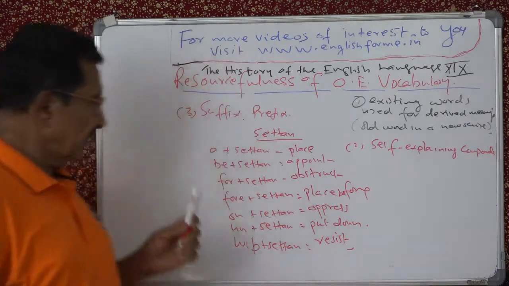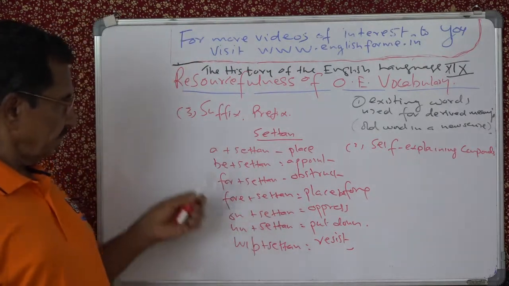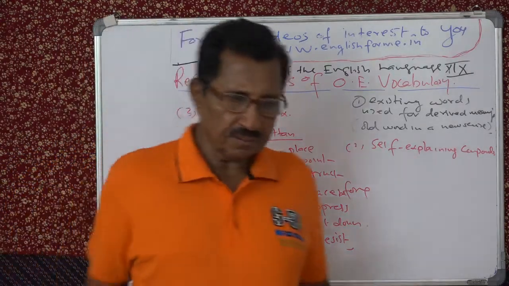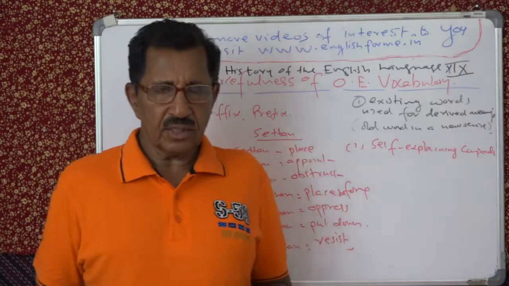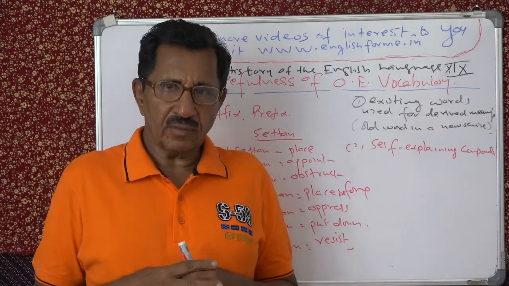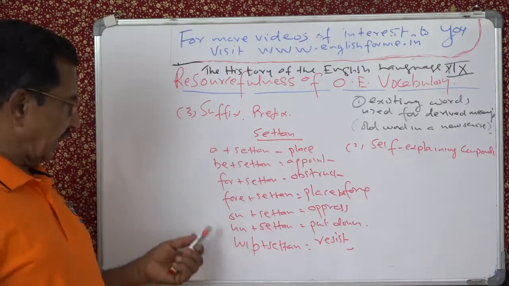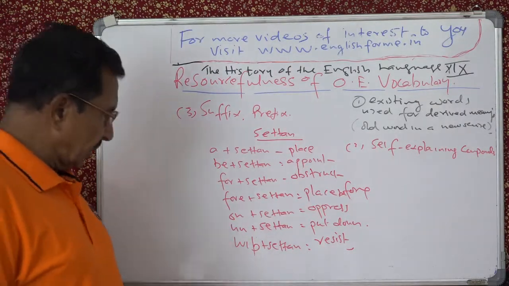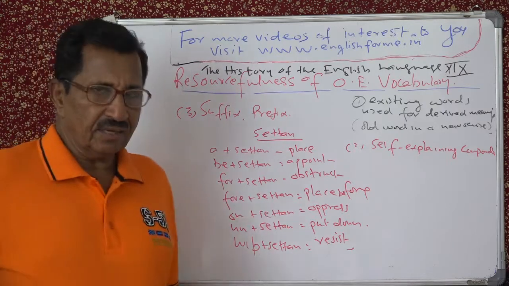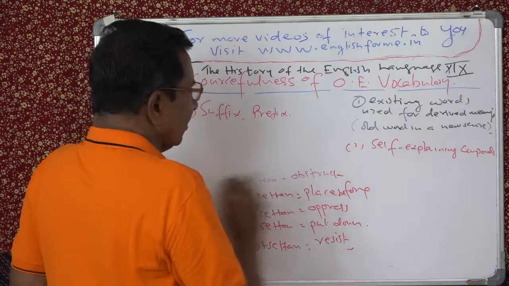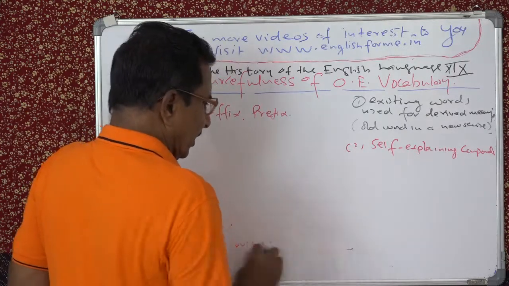So here what you find is already we have seen prefixes. Friendship. Understand? So that is suffix. Plenty of prefixes here seen: a Satan, be Satan, for Satan, on Satan, unsatan, withstand. See that? And that is the third way. This is quite known to us in modern English also.